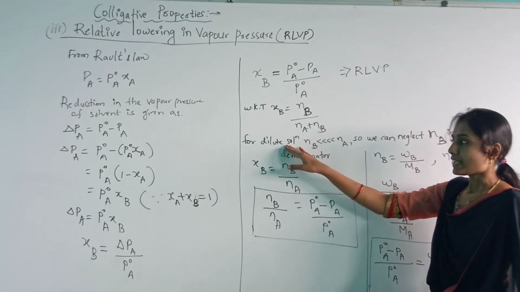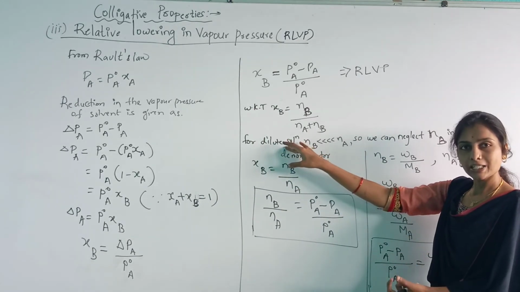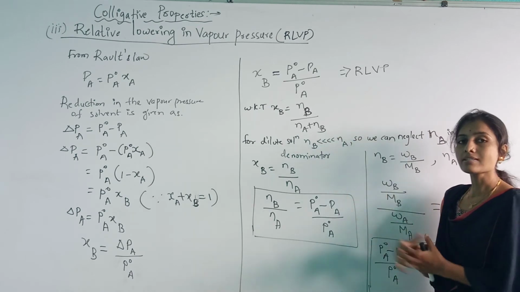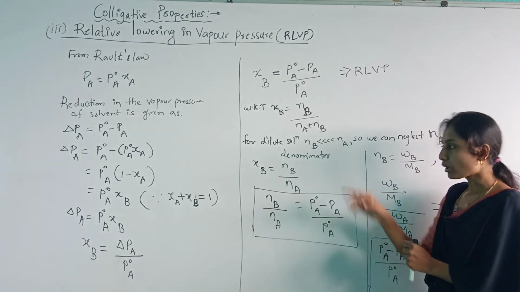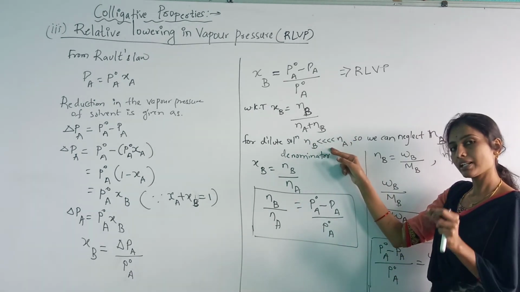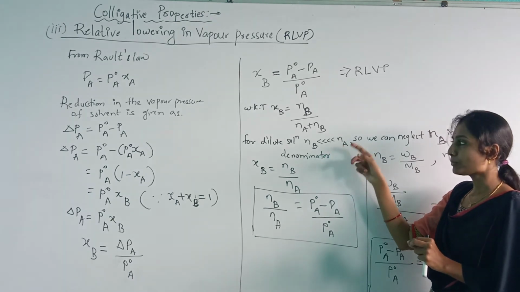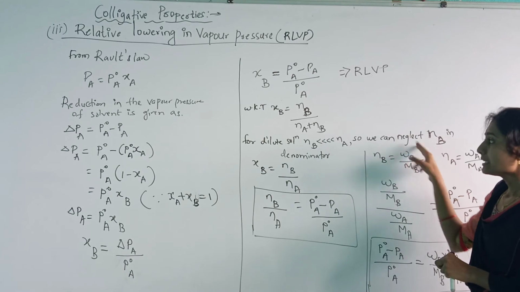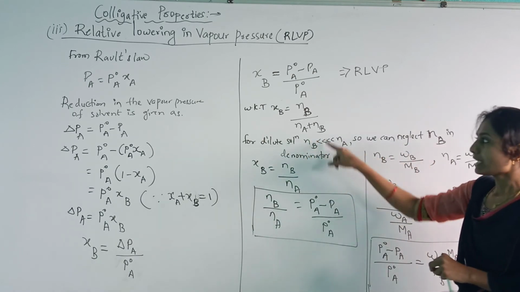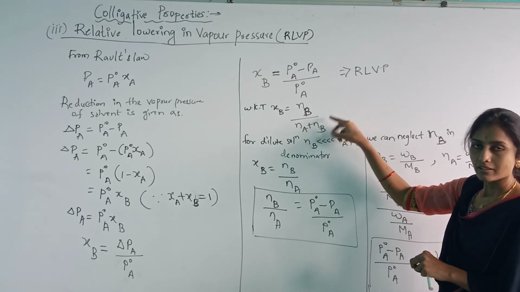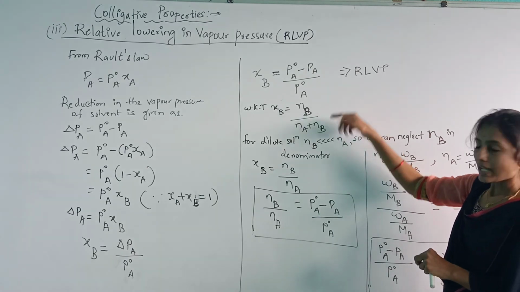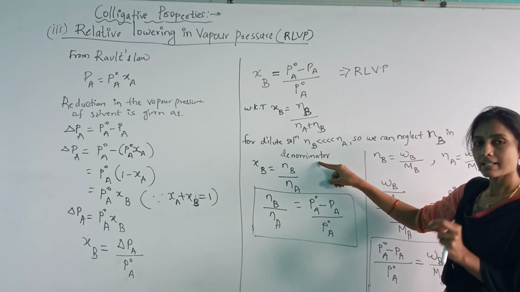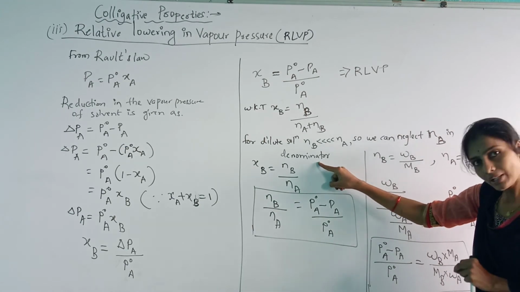Then we are assuming the solution to be dilute, that is, for a dilute solution the number of moles of solute is very small compared to the number of moles of solvent. Hence we can neglect the NB value in the denominator. From this equation I can neglect the value of NB because we are considering a dilute solution.